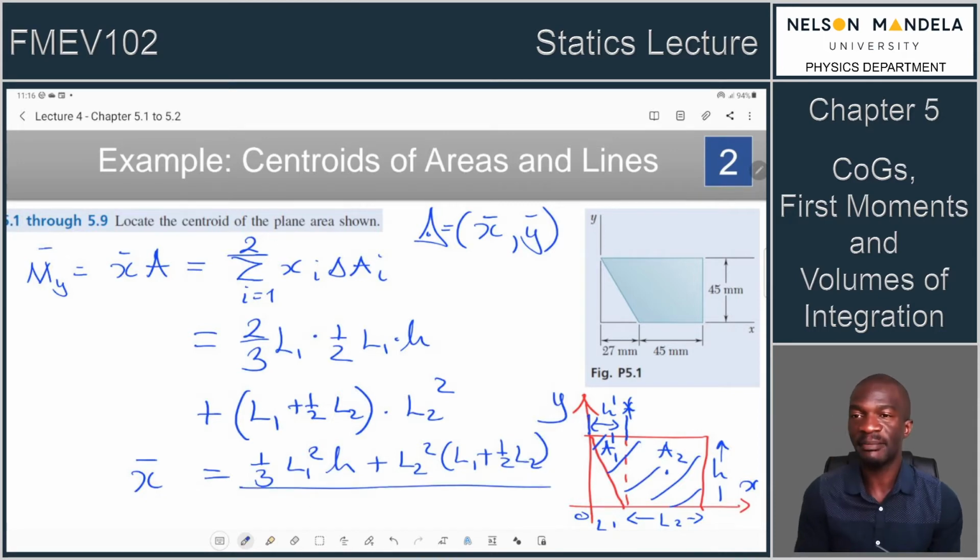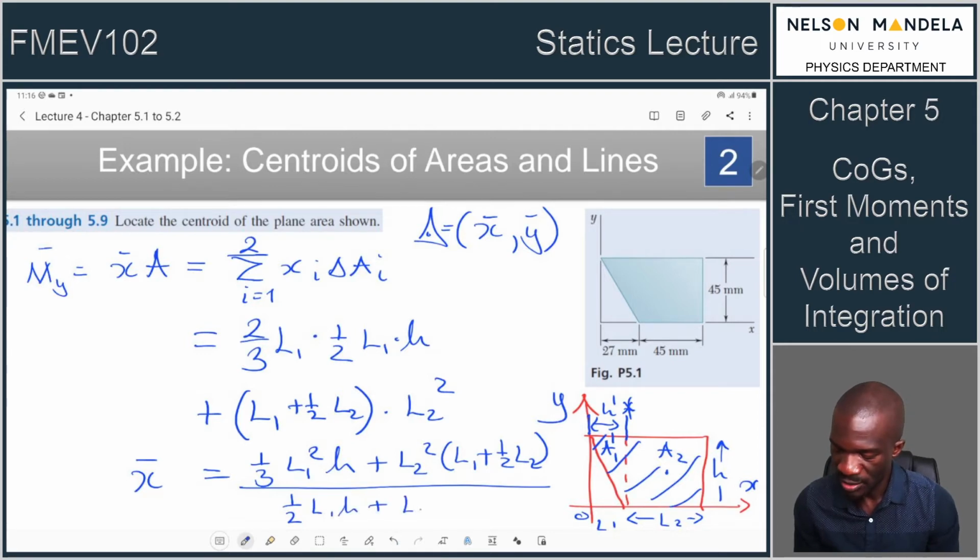This is now divided by the total area. The total area is A1 plus A2, so that is half base times height, half L1 h, plus L2 squared.